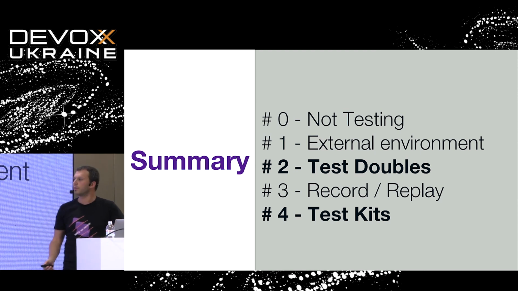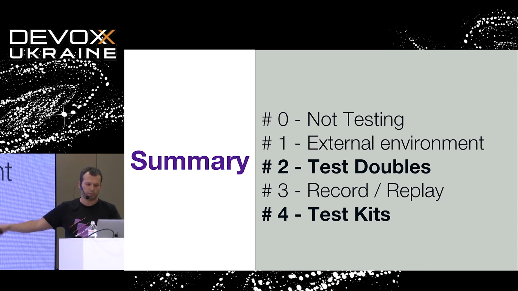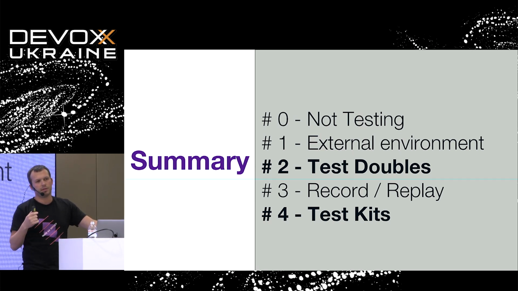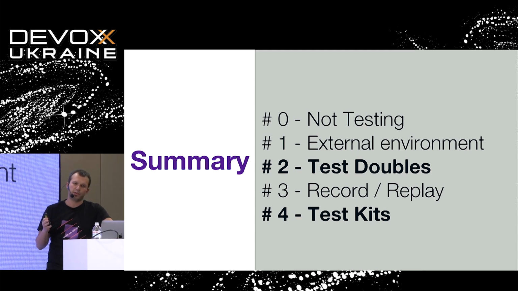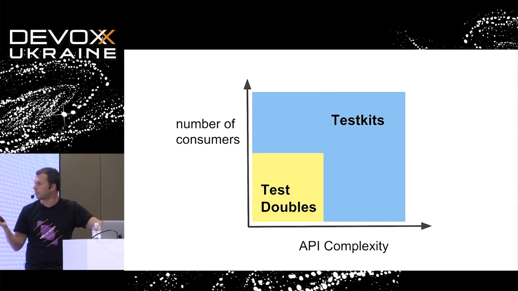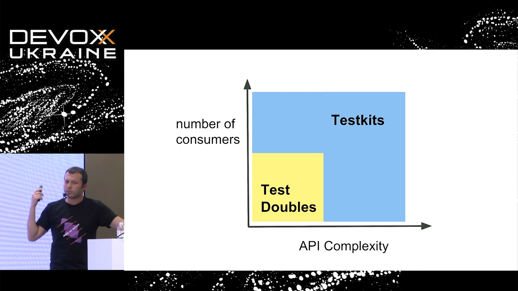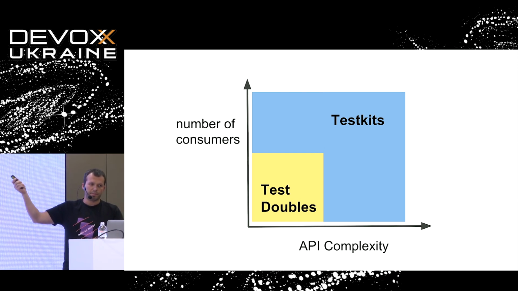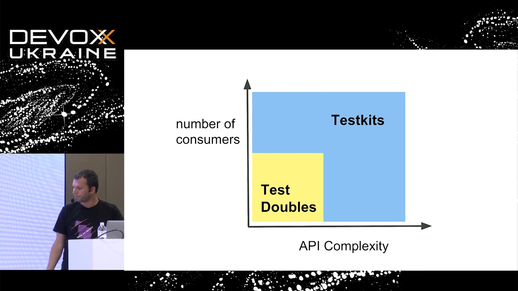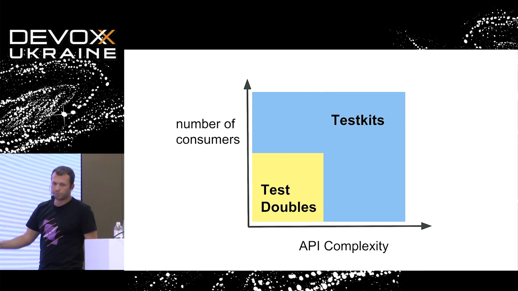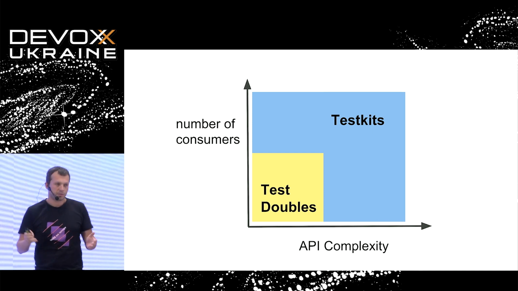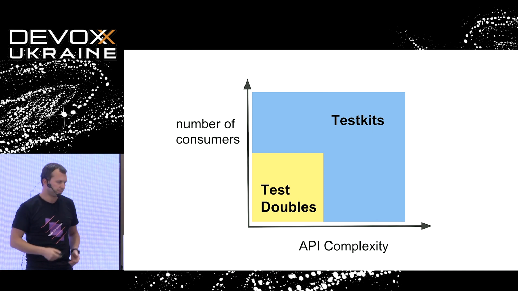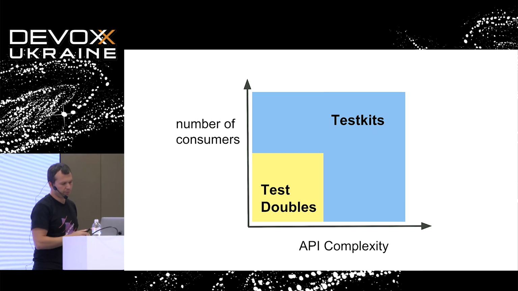And I have this question: what should I use, which one? So it really depends on so many things, but a general rule of thumb is this. Usually I look at the number of consumers and the complexity of the API. So if the complexity is low and there are not many consumers, just do the test doubles, it's easy, it works, it's good enough.